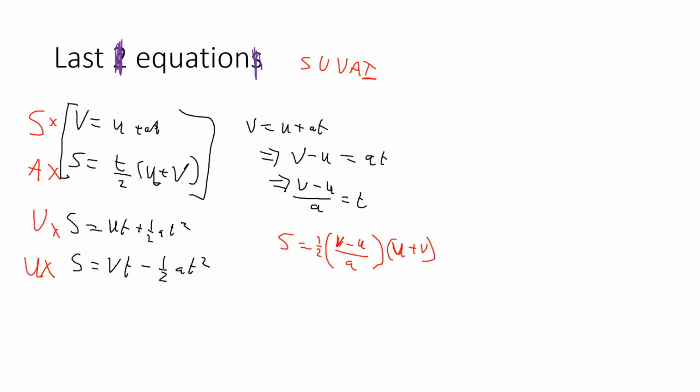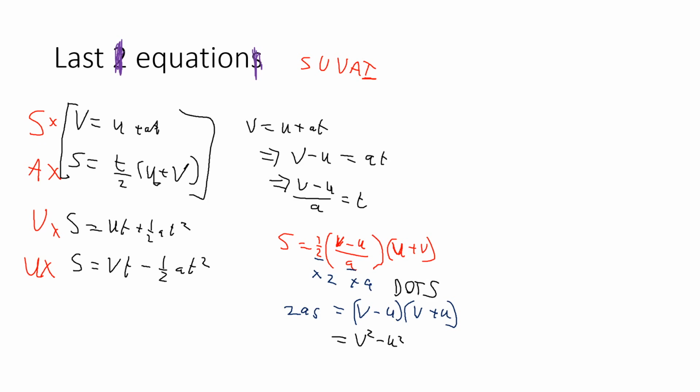Now what we're going to do is take it out of the fraction. So we're going to times both sides by 2 and times both sides by a. So 2as is equal to (v minus u) times (v plus u). And this is a difference of 2 squares, so we can say that this is v squared minus u squared.